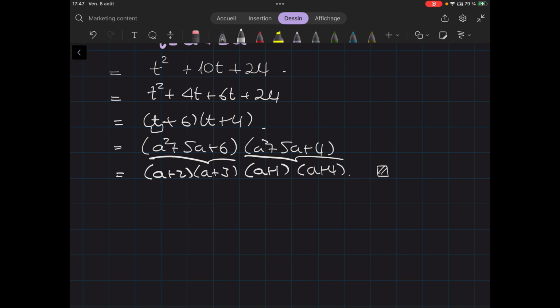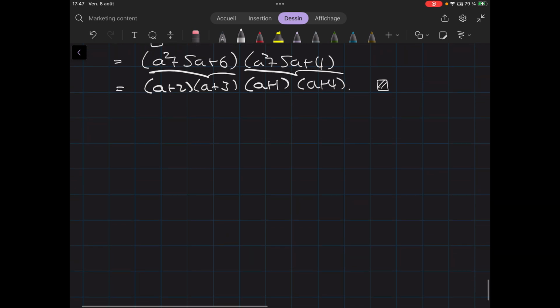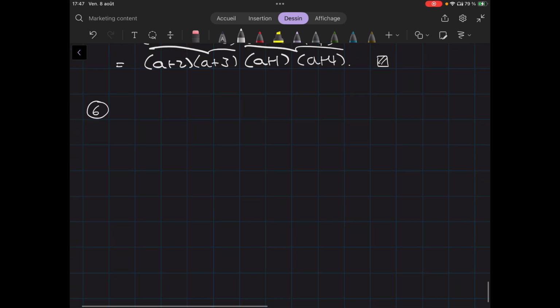For questions 6 to 8, you are asked to simplify algebraic fractions. 6. 3x squared minus 6x divided by x to the 4 minus 16, divided by 1 over x squared plus 4.